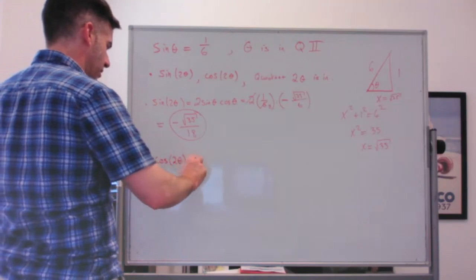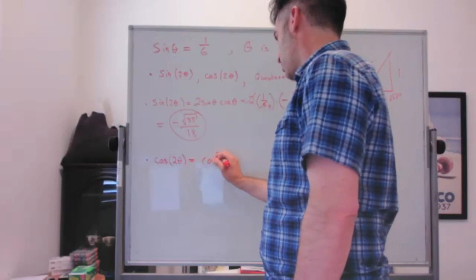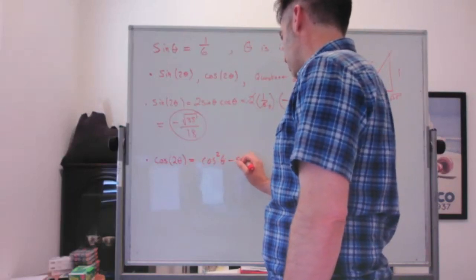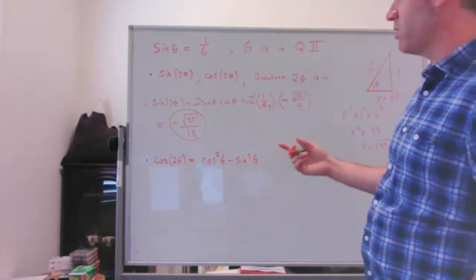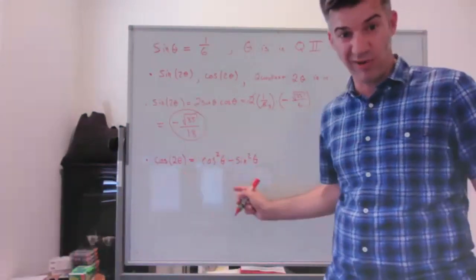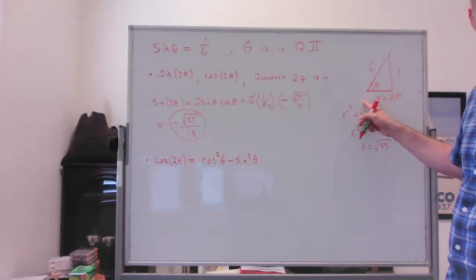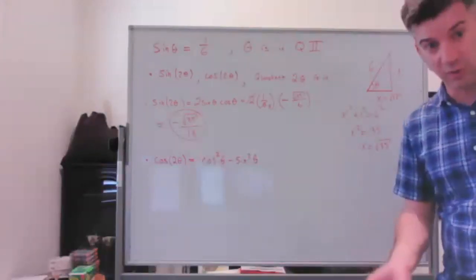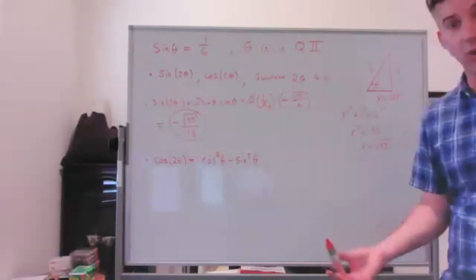So cosine 2 theta is cosine squared theta minus sine squared theta. But what I want to point out here is we could have done this part of the problem without ever having drawn this triangle by using another trig identity, the fact that cosine squared theta plus sine squared theta equals 1.